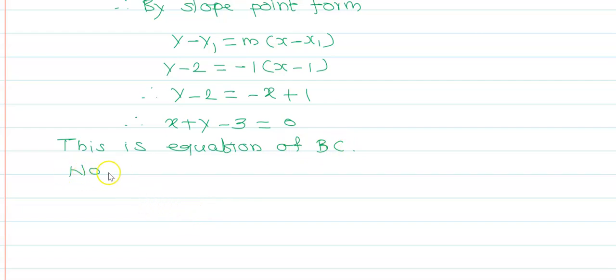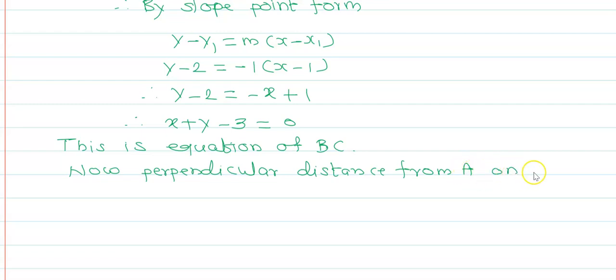Now the perpendicular distance from A on BC. What is the point A?